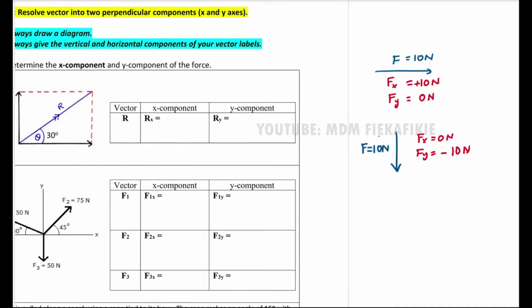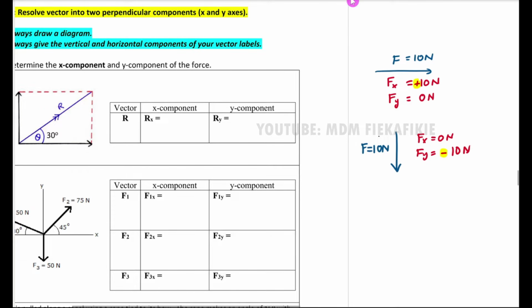Okay, ingat ya. Upward and to the right is positive. Downward and to the left, ataupun left direction adalah negative. So kena letaklah macam tu. Vector ni tak ada angle. Lainlah kalau macam ini kita ada vector r at angle of 30 degree to the horizontal.